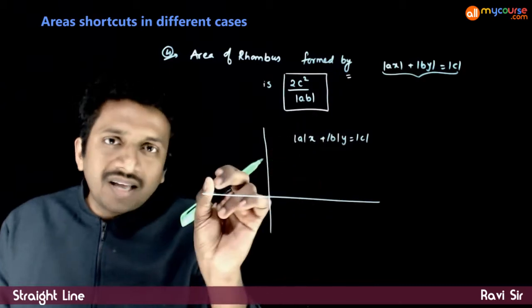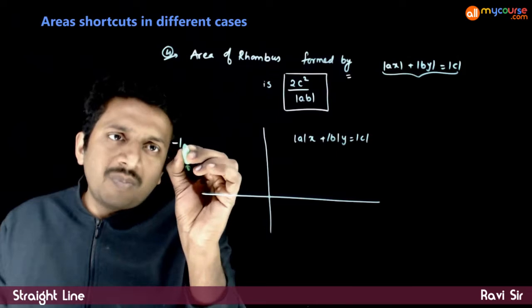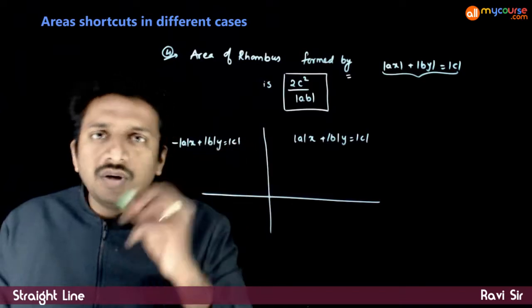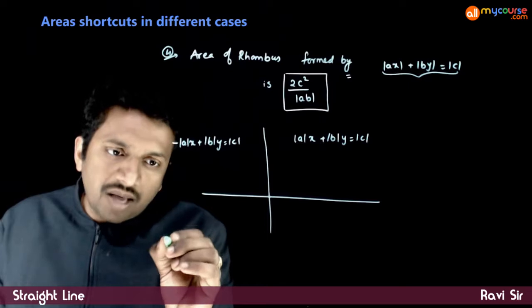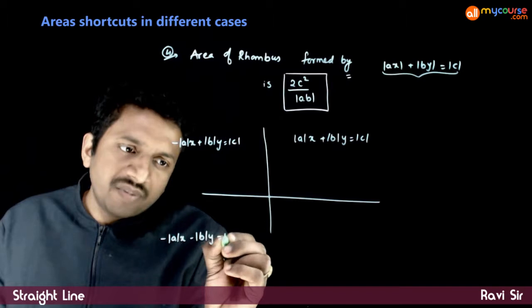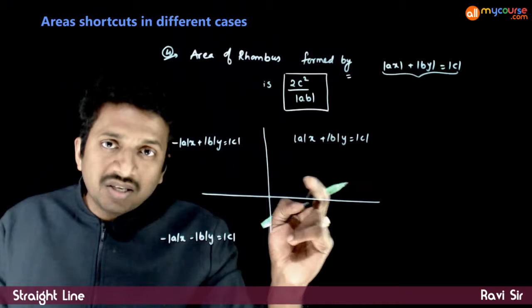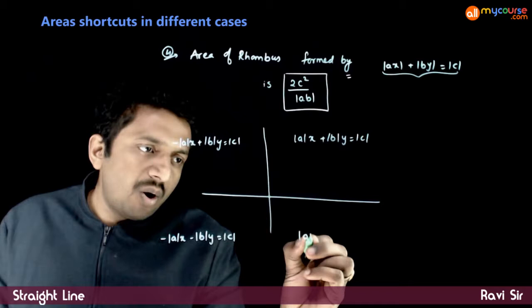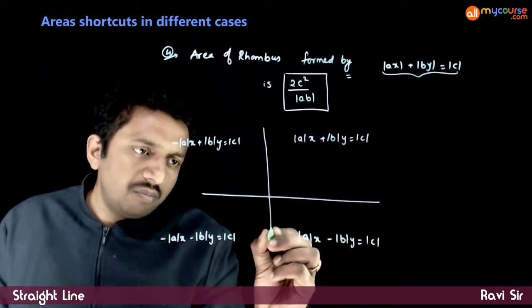In the second quadrant, X is negative and Y is positive, so mod X is equal to minus X. This becomes minus mod A times X plus mod B times Y equal to mod C. In the third quadrant, both X and Y are negative, so you have minus mod A times X minus mod B times Y equal to mod C. And in the fourth quadrant, X is positive and Y is negative, so mod Y becomes minus Y. You get mod A times X minus mod B times Y equal to mod C.